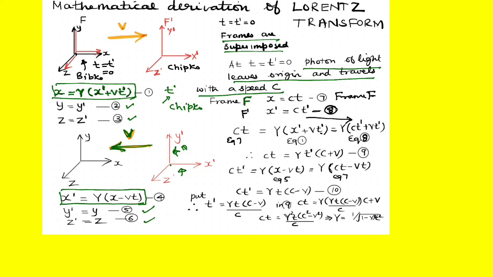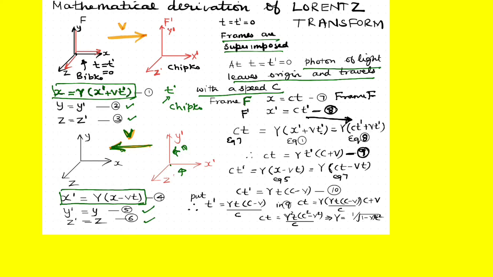So let me show it in a different color. So you can see that this is ct dash. Now taking ct is equal to gamma t dash into c plus v. So this is going to be our equation 9.